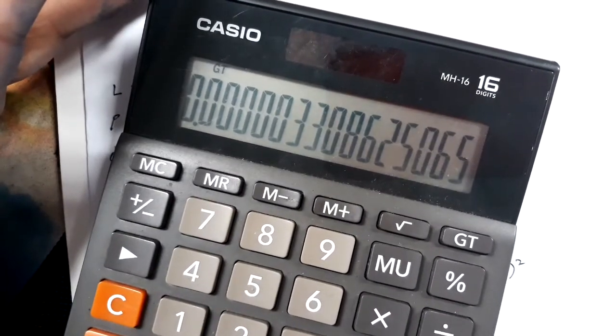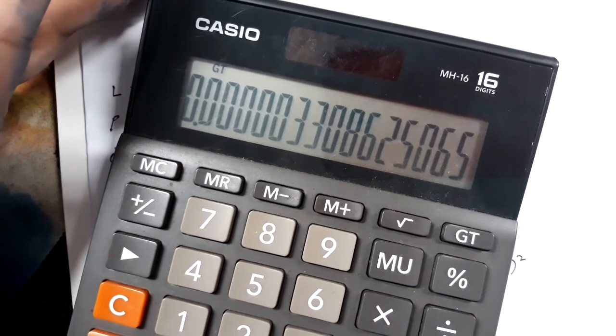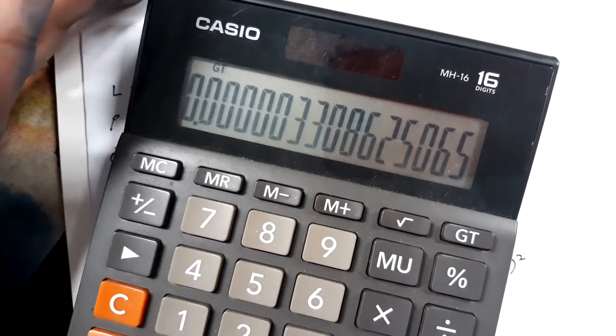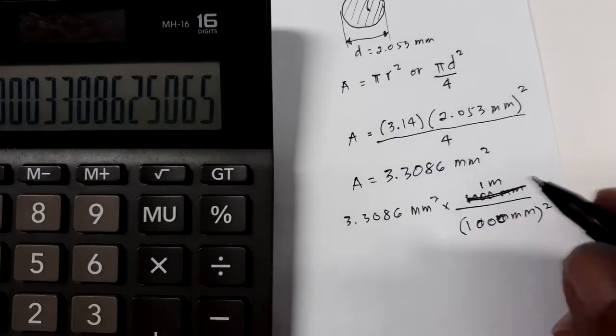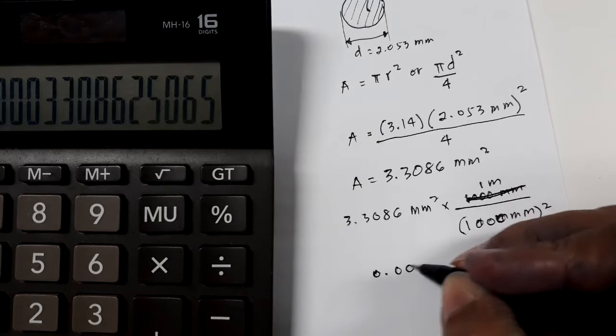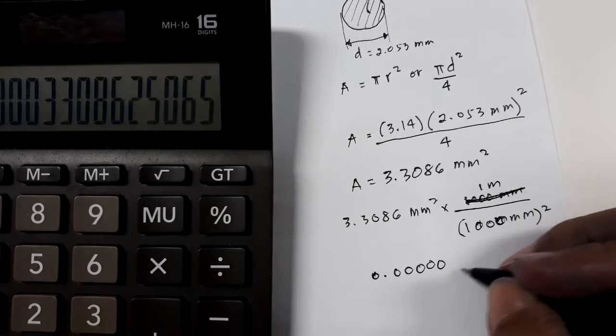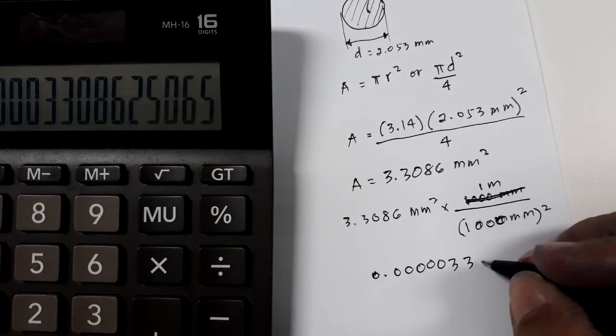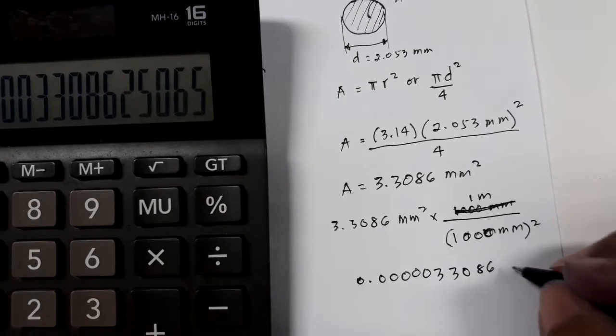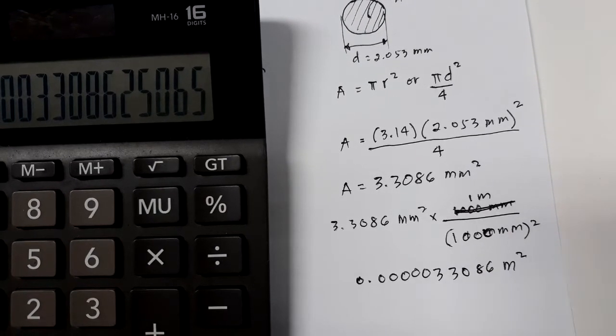So this is equivalent to 0.000, with 5 zeros here, 1, 2, 3, 4, 5, 33086 meter squared.